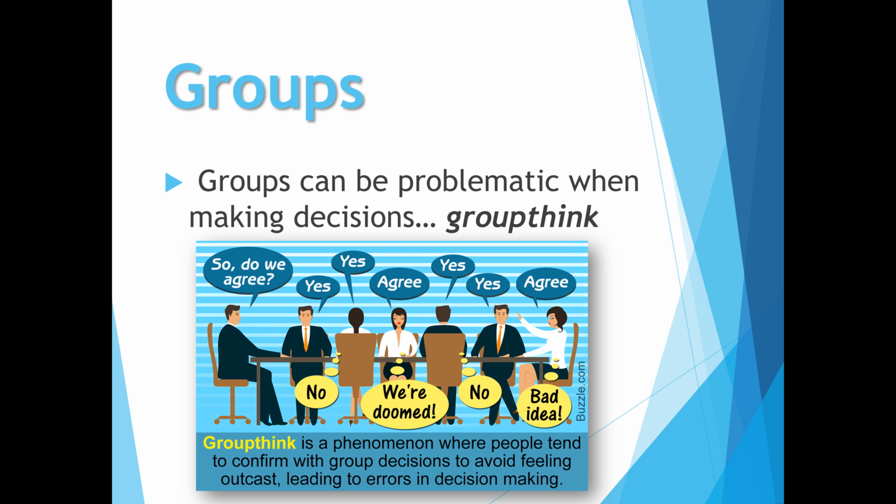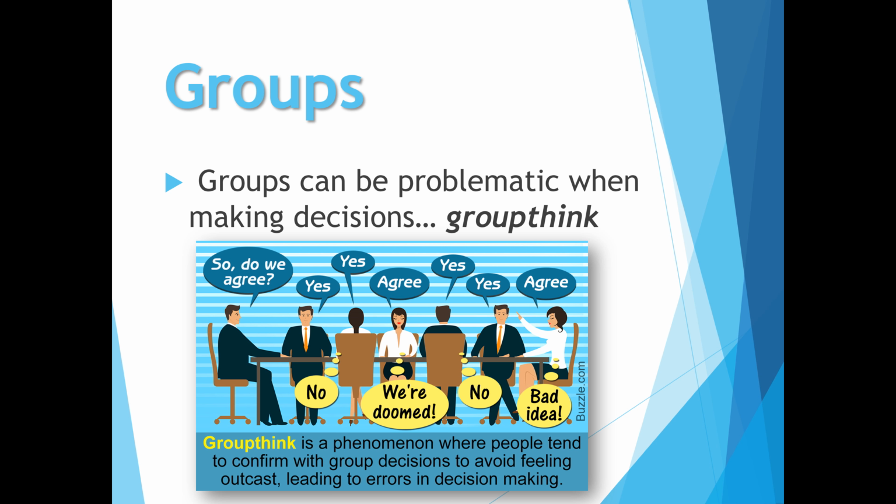So groupthink is a phenomenon where people tend to conform with the group decisions to avoid feeling like an outcast, leading to errors in decision making. You could think about this as problem solving or decision making.